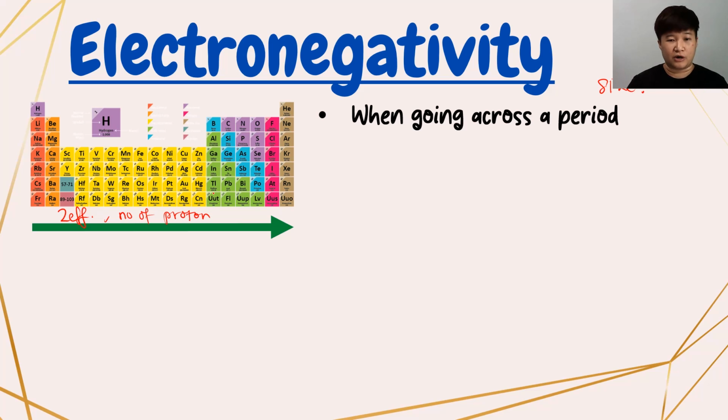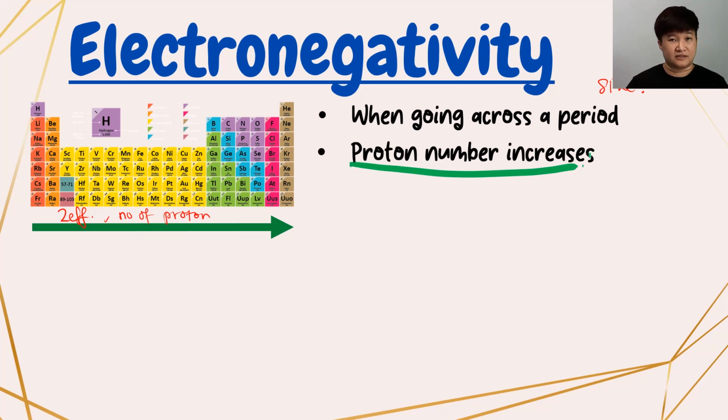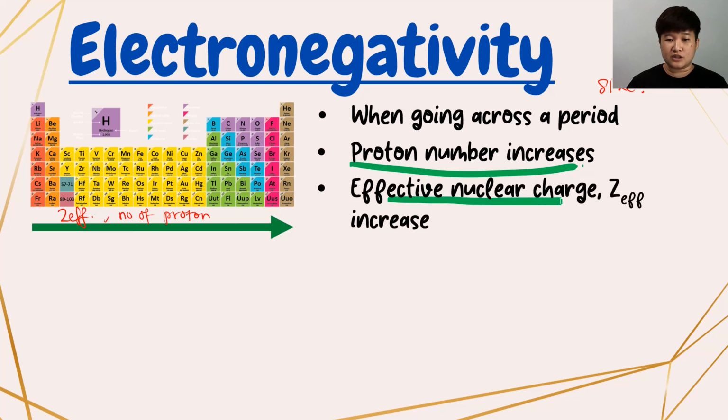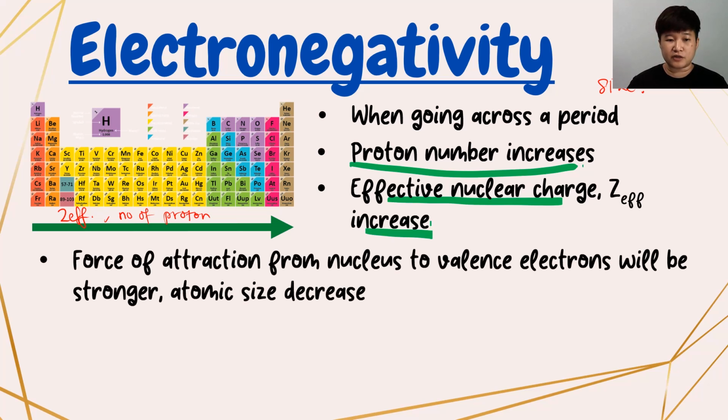So when you go across a period, the proton number increases. When the proton number increases, the effective nuclear charge increases. And when the effective nuclear charge increases, what happens to the force of attraction? The force of attraction from the nucleus to the valence electron will be stronger, and therefore the size decreases.